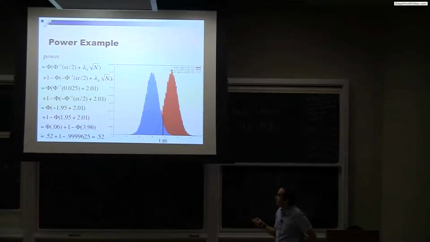This is phi of 0.06. What is that about intuitively? What is phi of 0? 50%, right? Because that's half of the distribution. So that's going to be about 0.52. And what is this term here? That's going to be something really big, right? And 1 minus that is going to be close to 0.